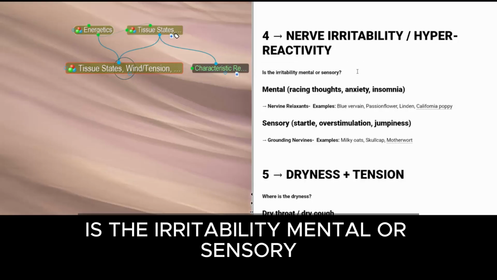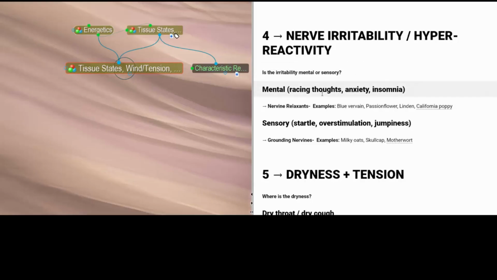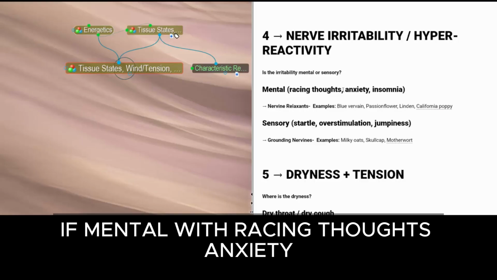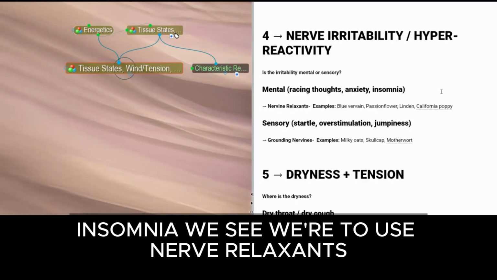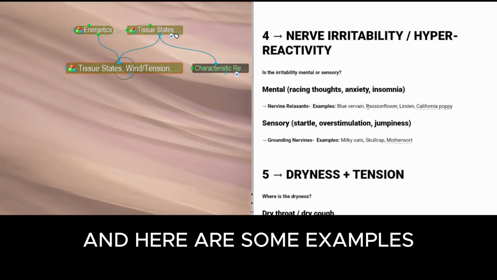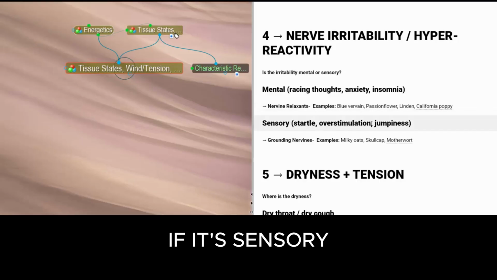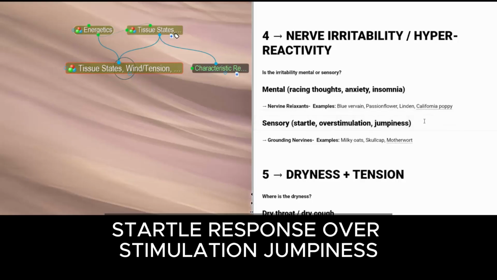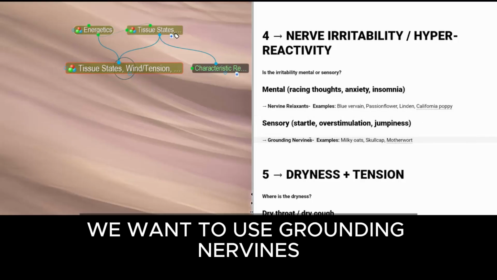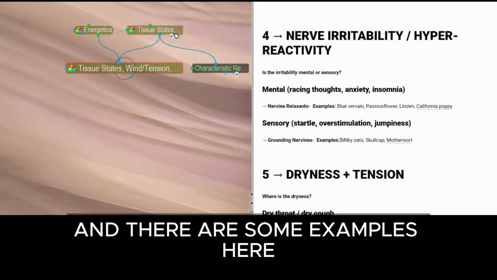Is the irritability mental or sensory? If mental, with racing thoughts, anxiety, insomnia, we see we're to use nerve relaxants, and here are some examples. If it's sensory, startle response, overstimulation, jumpiness, we want to use grounding nervines, and there are some examples here.